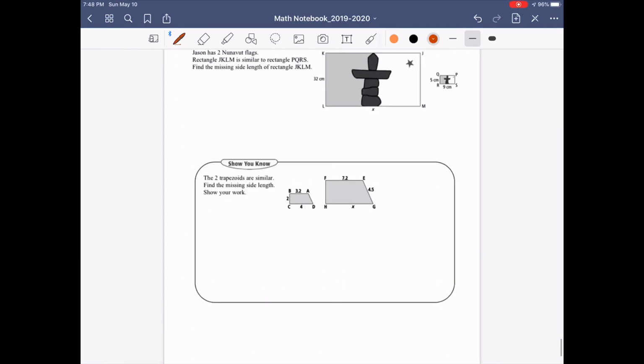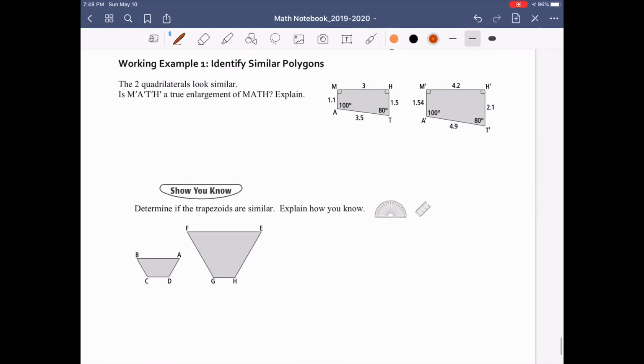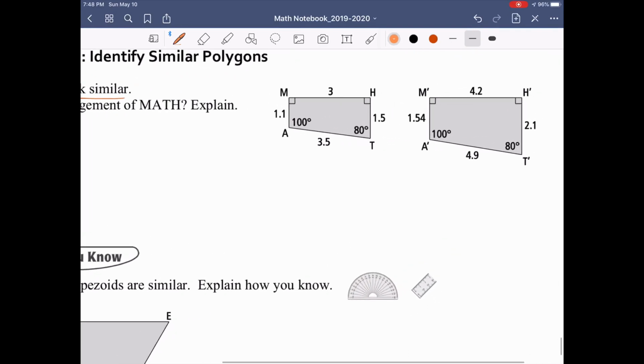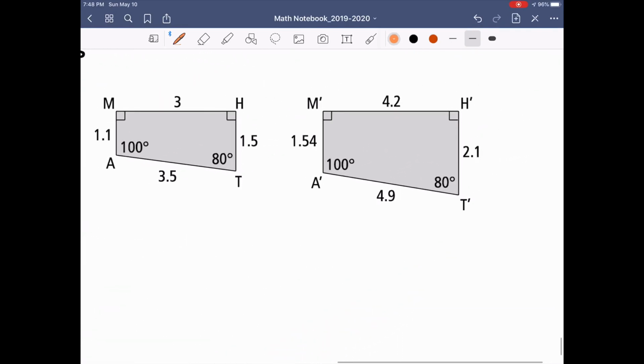Okay, so it's really quick. It's just 2 pages. So working example number 1 is to identify similar polygons. So it says the two quadrilaterals. Quadrilateral means it's 4-sided. They look similar, but are they actually a true enlargement of each other? So it says, is MATH an enlargement of M'A'T'H'?